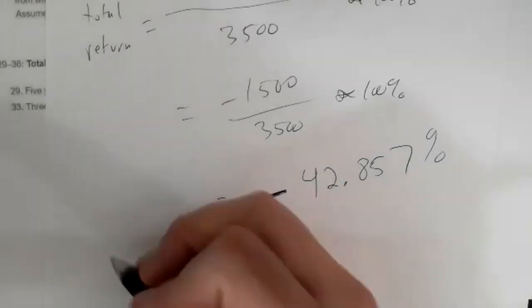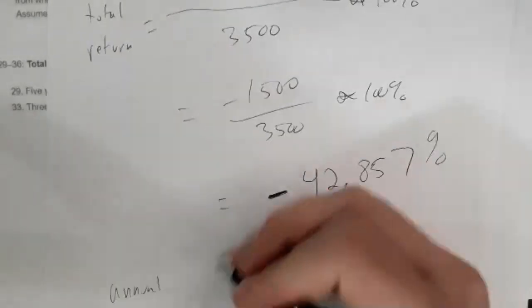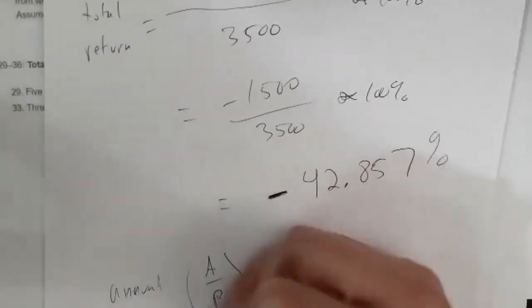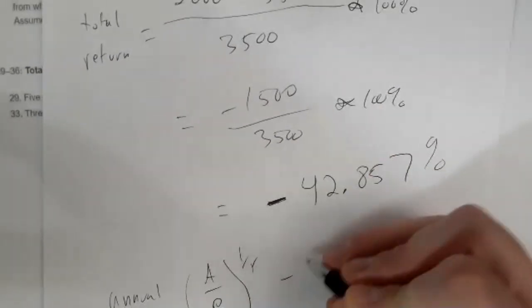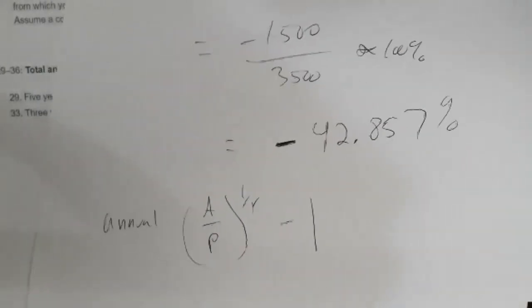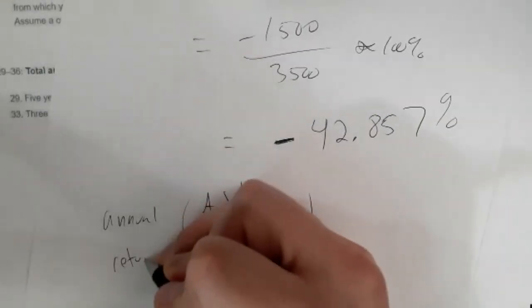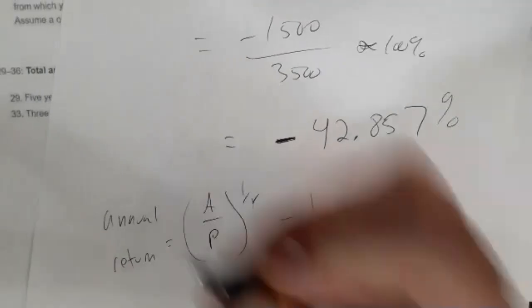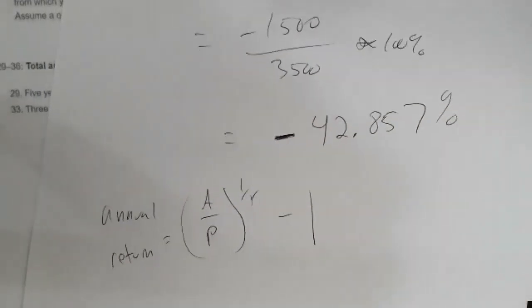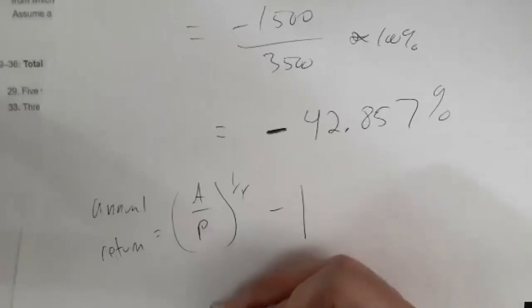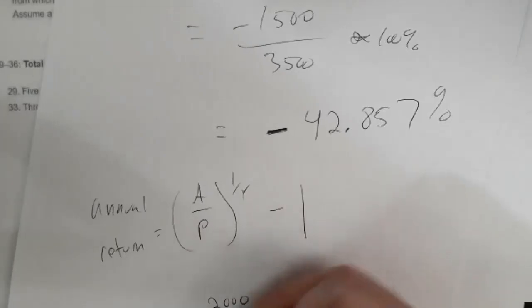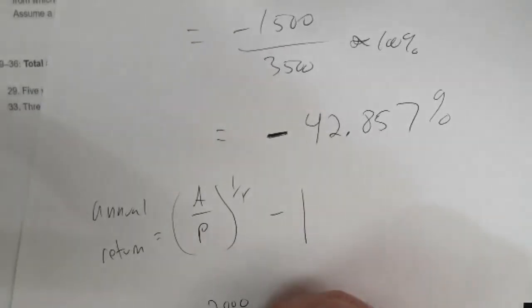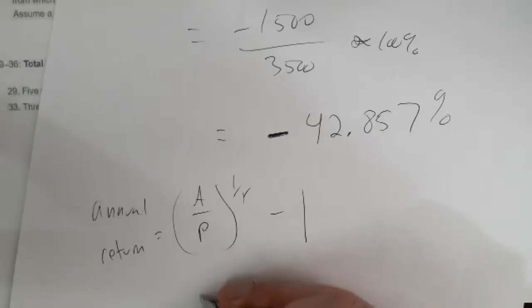So this one's pretty straightforward. The annual return is the crazy formula. It's A over P, to the 1 over Y, and then I got to subtract 1. So we talked about this. My accumulated amount on this one should be the 2,000. My P should be the 3,500.